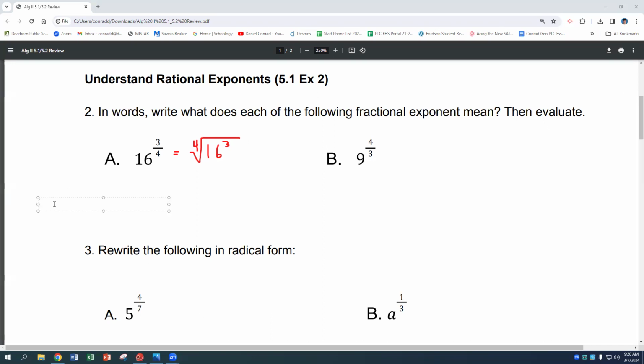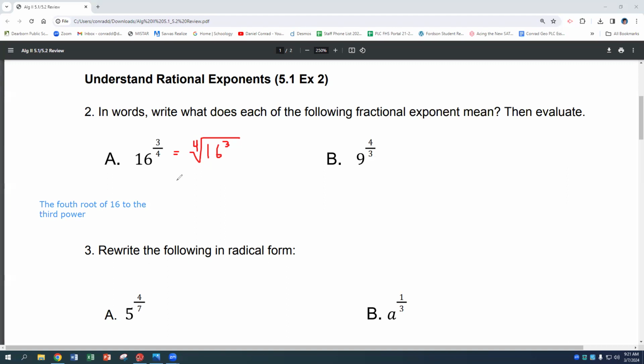It's the fourth root, really the fourth principal root, but that's okay. Fourth root of 16 to the third power. That's what this means. This is the fourth root of 16 to the third power.